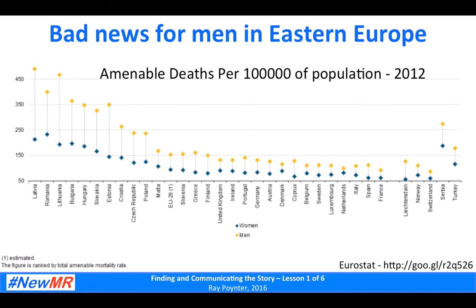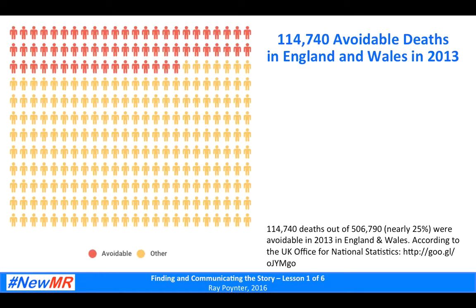But better still would be to process the data, or relevant data, in a way that made sense. So what we've got here is data for England and Wales that looks at avoidable deaths, which is a slightly different category. It tends to be slightly higher because it's preventable plus amenable. And it looks at the absolute number, because when we're talking about deaths that needn't have happened, we can compare them with zero.